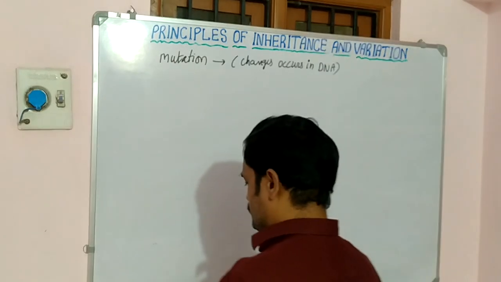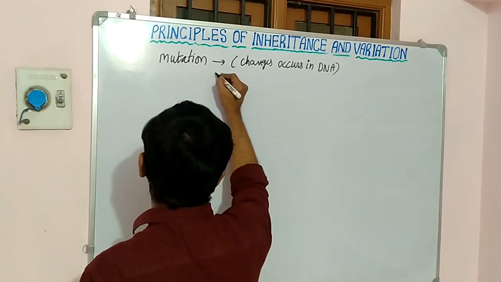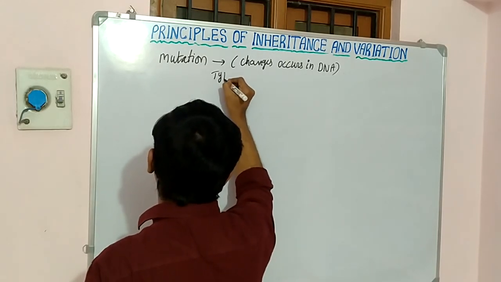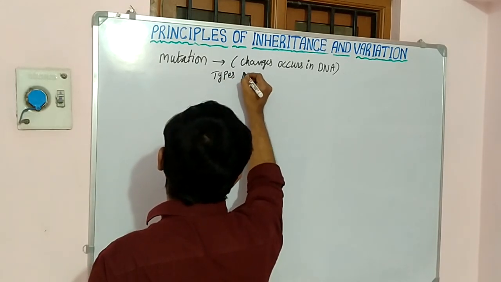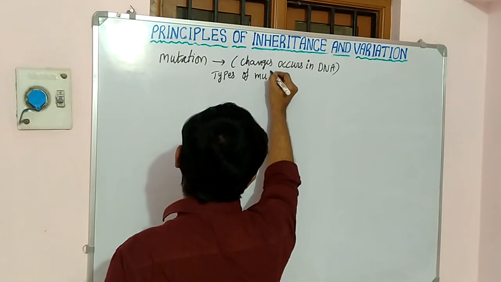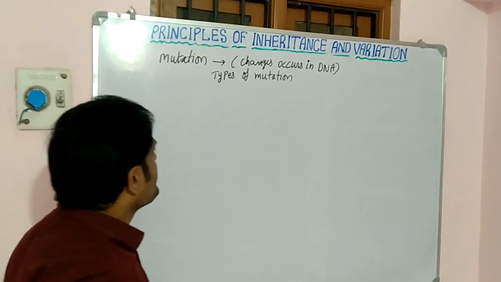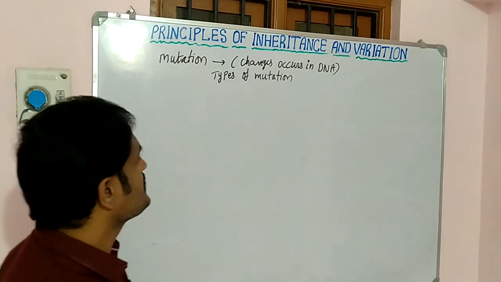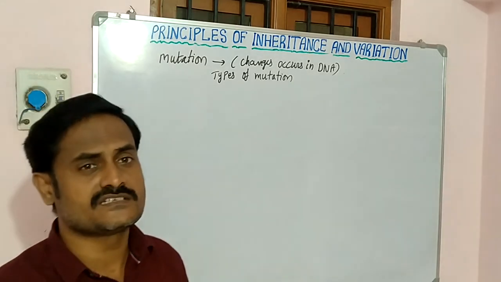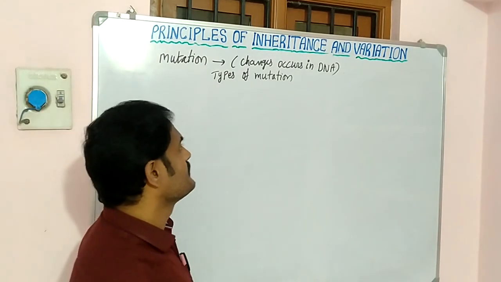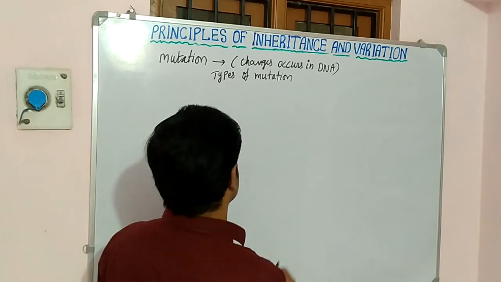Now coming to the mutation, types of mutation. See here, majorly three types of mutations are seen in the cell. So what are they?